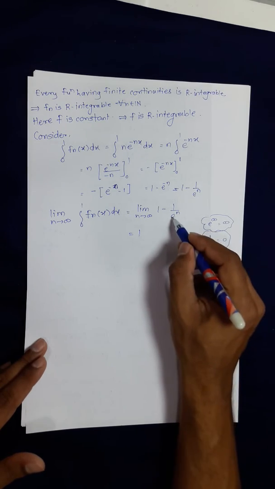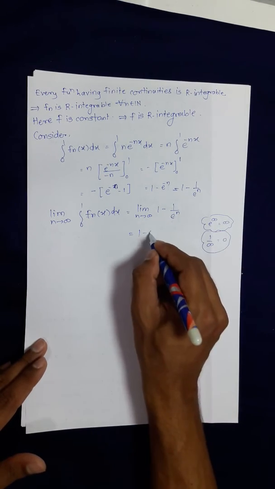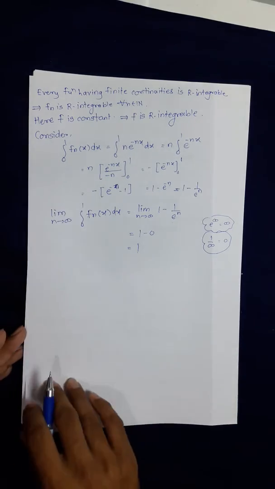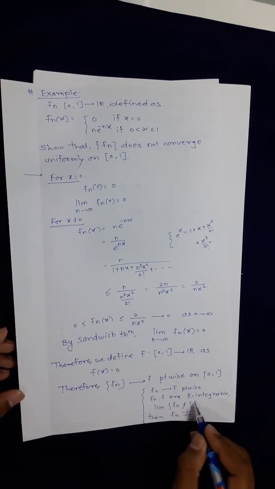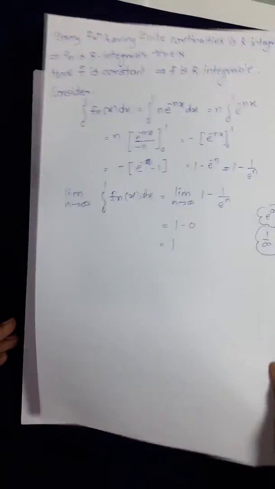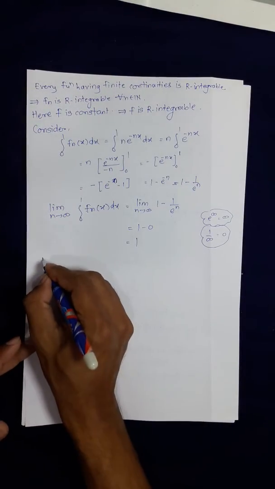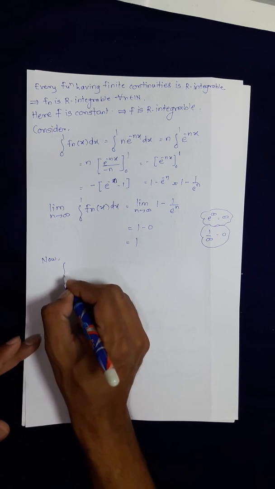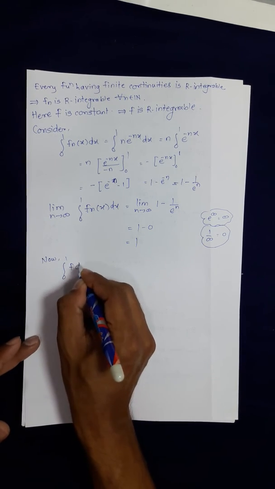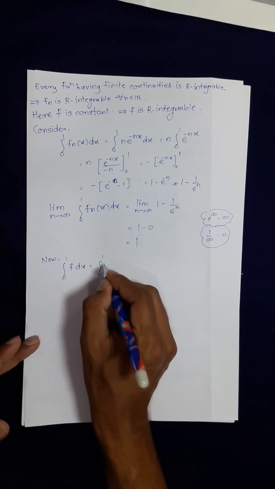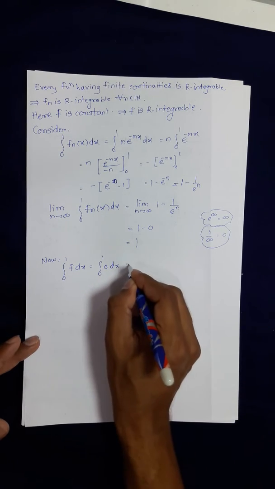So it's 1. So this side we have done. Let us go for the integration of f. What is our f? f is 0. The integration of 0 is 0.